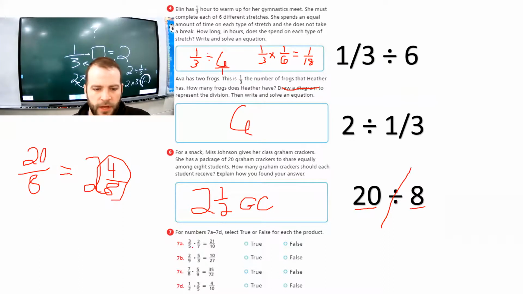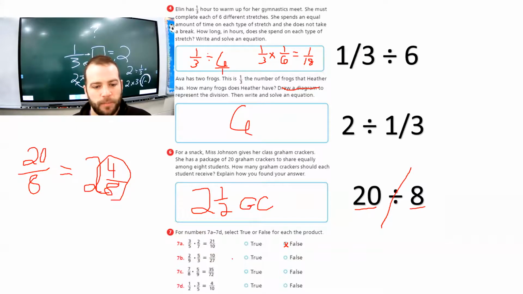Okay, so it says 3/5 times 2/10 equals 21/10. False news. How do I know it's false news? I know it's false news simply because smaller than 1 times smaller than 1 is not going to be equal to bigger than 1. That's how I know. What about 2/9 times 5/3 equals 10/27?